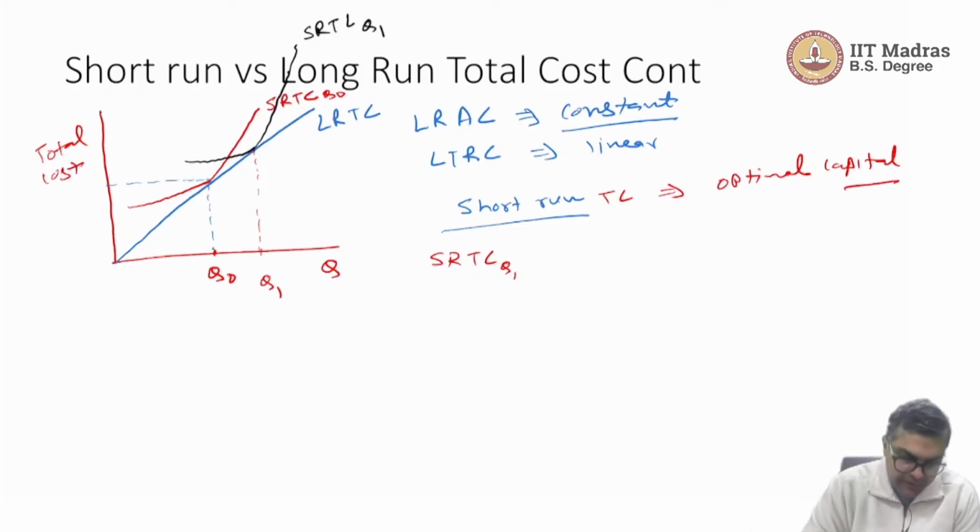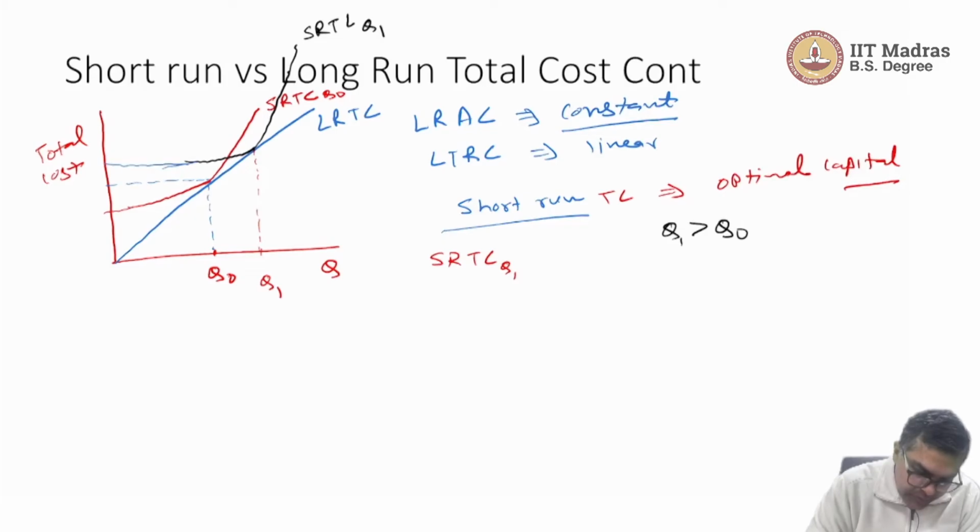Here it is equal, but at another place. We are assuming that Q1 is greater than Q naught. If we extend the curve, this is going to be the fixed cost, and this is going to be the fixed cost in the second case.